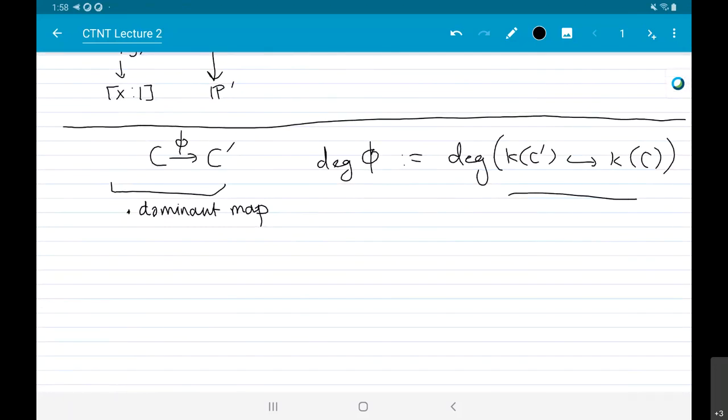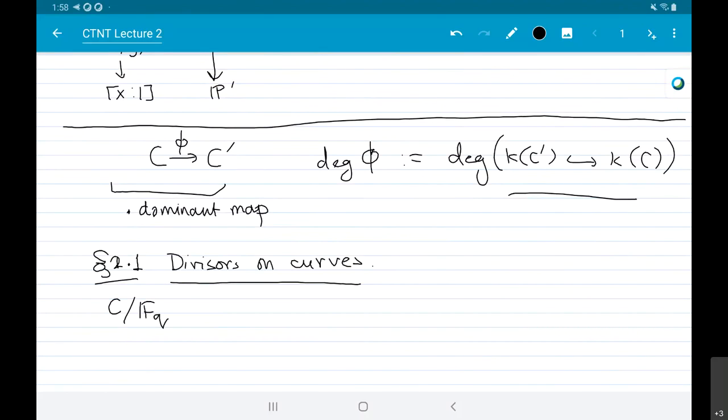Awesome. Okay, great. So now we're going to go on to talking about divisors on curves. So C is going to be a curve over F_q for us. A lot of these definitions make sense over any field. So the definition of divisors, degree, etc., are going to make sense over any field. But the point counts, for instance, since we're going to be interested in counting points on curves, will only make sense for finite fields.